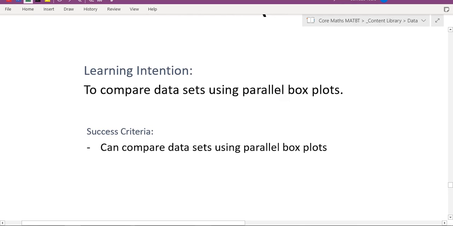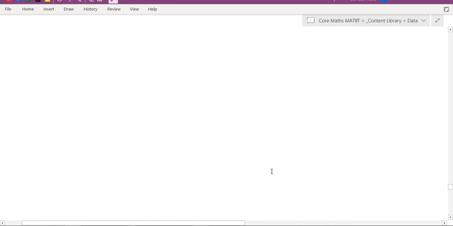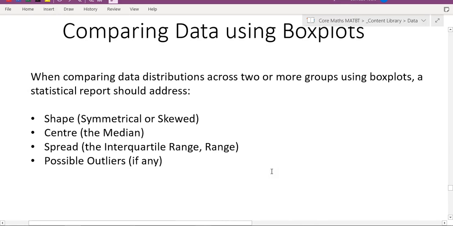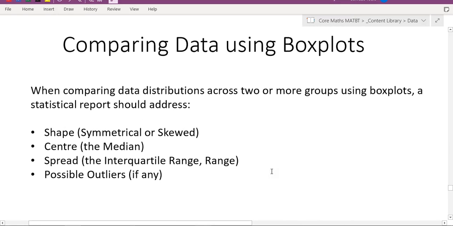It does happen. If you look at comparing data, there are 4 things that you need to talk about with your box plots: shape, center, spread, and outliers. Shape talks about whether the data, so your only options are, and I'll write them here for you, you've only got three options. Anyone remember the three options for shape?